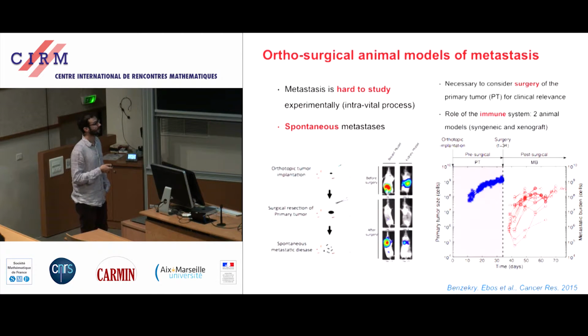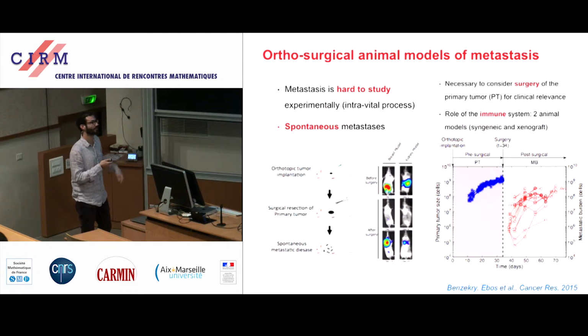So what John Ebos does in his lab, and he's really good at doing that, is that he injects cells at the orthotopic site, so at the primary location, at the usual location of the cancer.